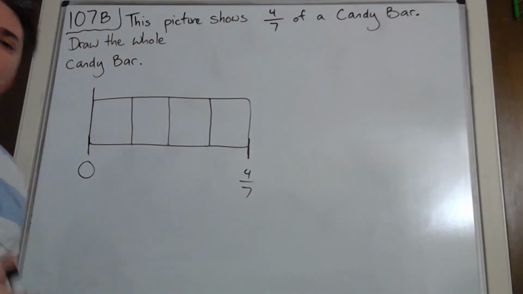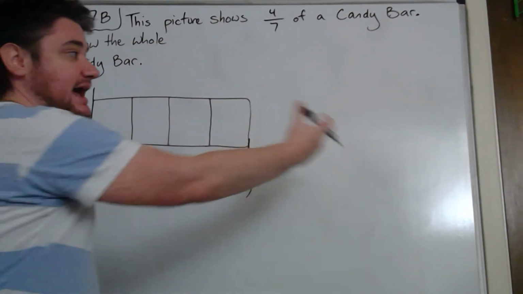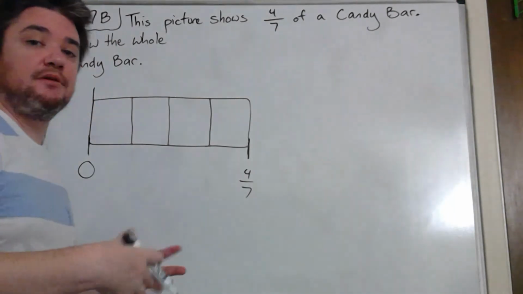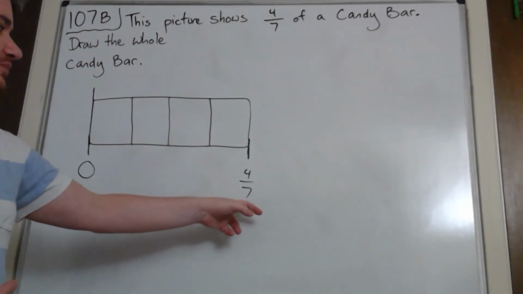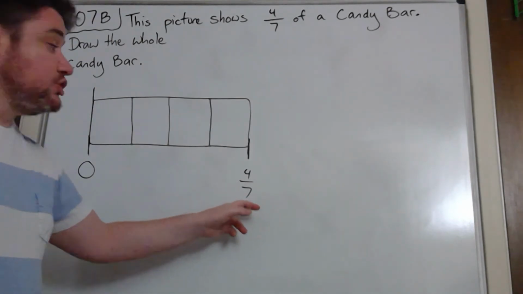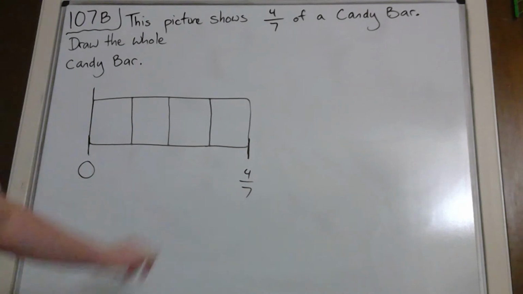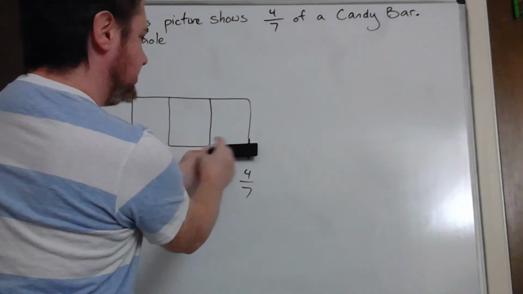So where is our whole going to live? Well, we saw in the previous example, and it makes sense that if we split our whole into 7 equal pieces and then collect all of them or eat all of them, then we've eaten the whole piece. So I need to identify where 7/7 is. So I know about how long 1/7 is. Let me use my TV remote control right here, and it goes to just about this little line.